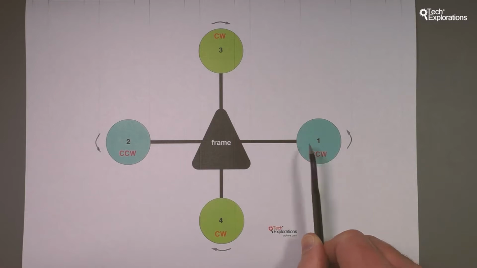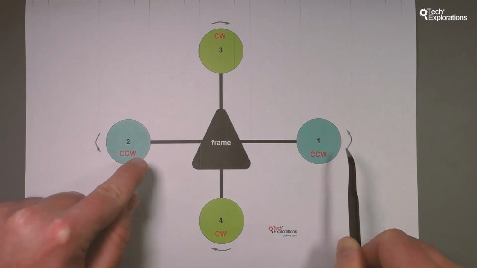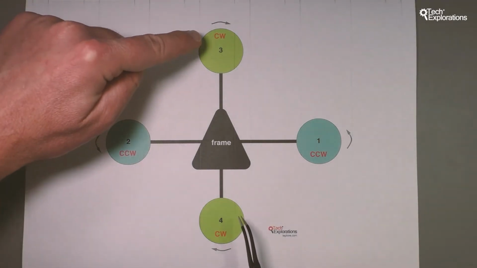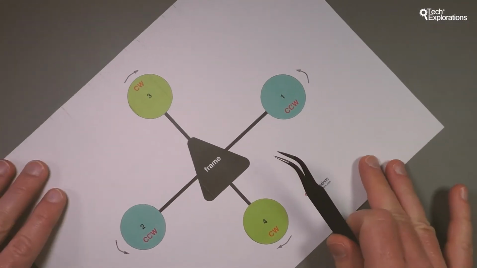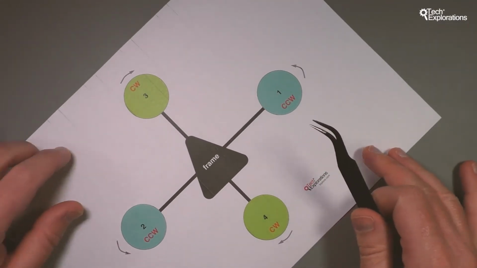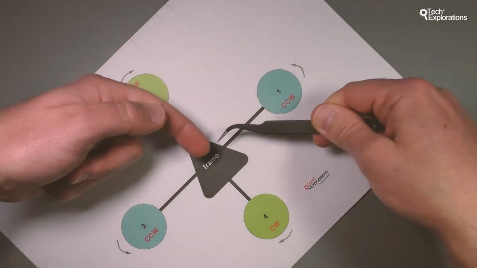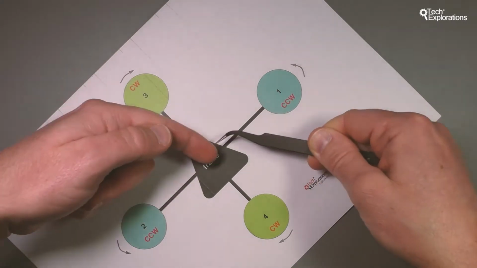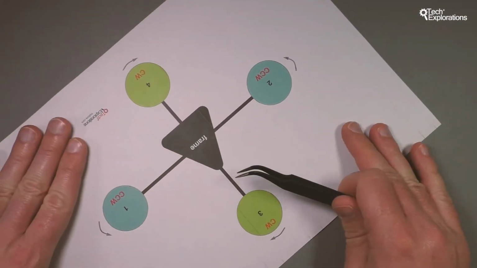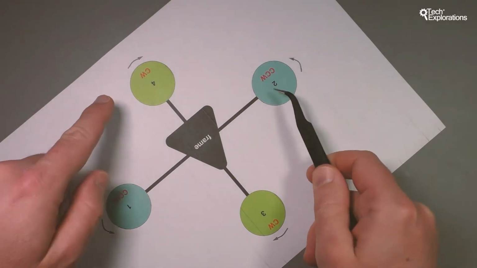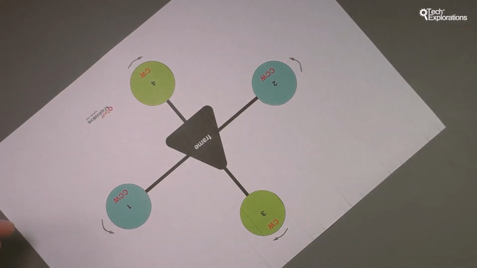So motors 1 and 2 must move in a counterclockwise motion, and then propellers 3 and 4 in a clockwise motion. If I move the quadcopter like this, then you can see the propellers 1 and 3, the way that they move is inwards towards the frame of the quadcopter. And similarly, if I move the schematic around like that, you can see that propellers 2 and 4 also move forwards towards the inside.